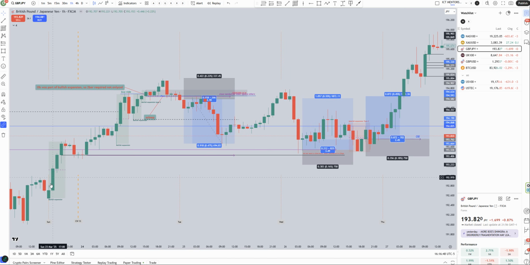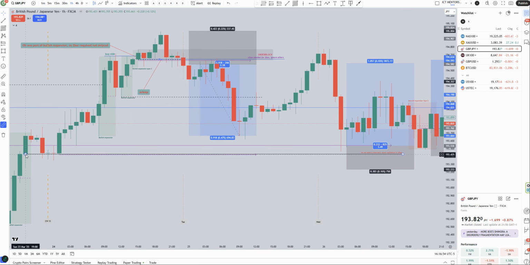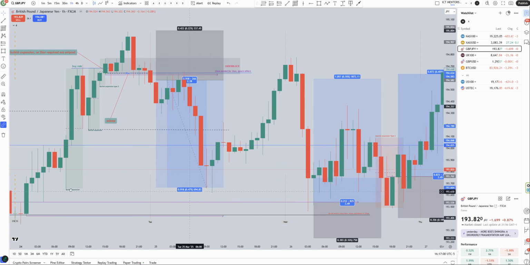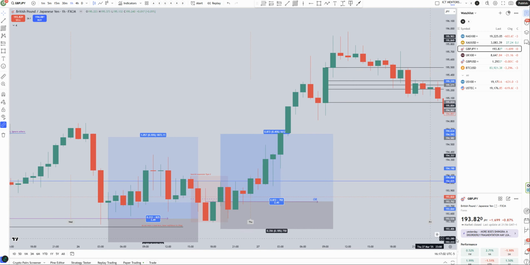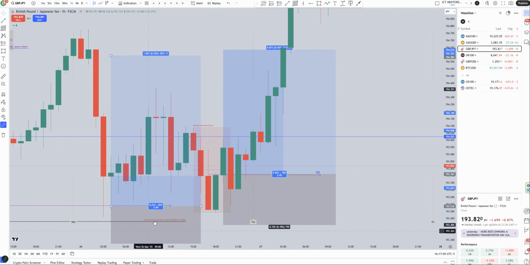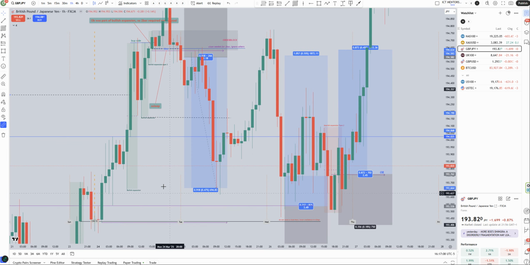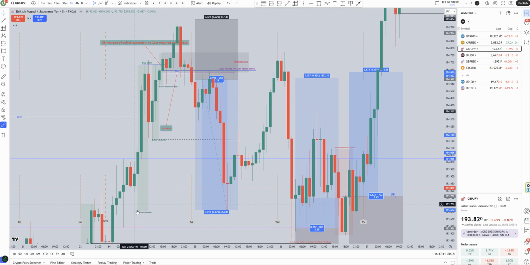Bullish expansion on Sunday or Monday morning, we need a close below this. It has an FEG, we need an OB. This was the OB, and I said we do not want a close here, else you lose confidence in the long. So that was before.